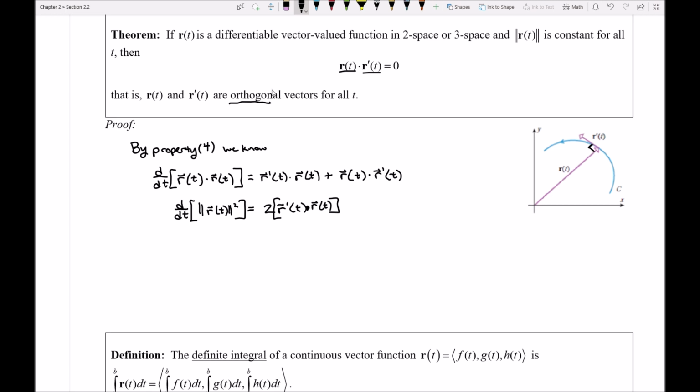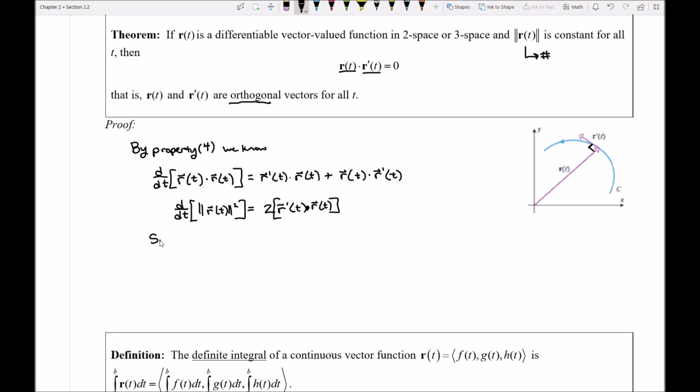If I knew at the start that I was working with a differentiable vector-valued function, and if I already knew that this r prime of t was a constant, that is, the norm of r prime of t is just some number, then think about what I can do to the left-hand side of this equation.